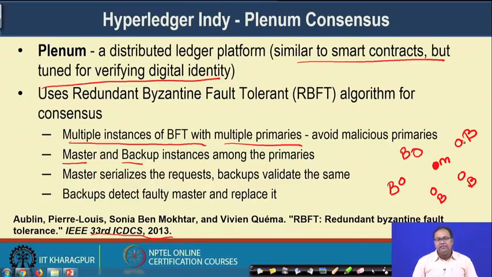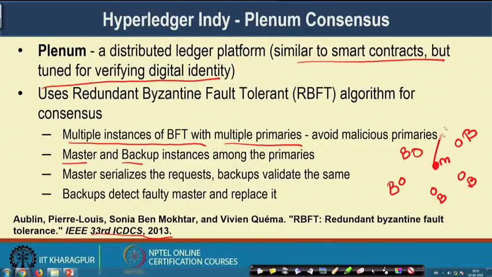Now, in this case everyone independently runs the PBFT algorithm, thus the serialization of the transactions, and whenever they are doing the serialization of the transactions, the master is the only one who is proposing the final transaction.